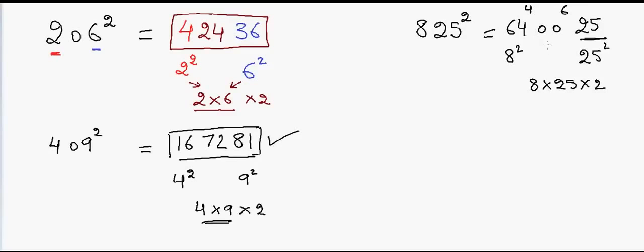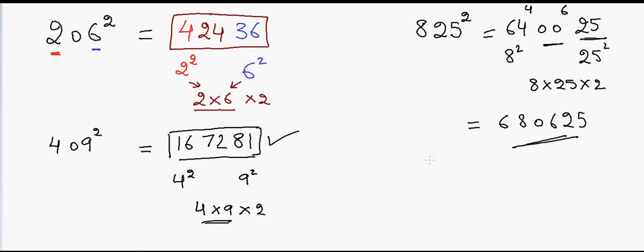Because we can only take two digits. So now if we add them together, it will be 6, and 4 plus 4 is 8, 0, 6 plus 0 is 6, and 25. So that will be my answer. If you practice, then you can always do this calculation without even writing it on paper.